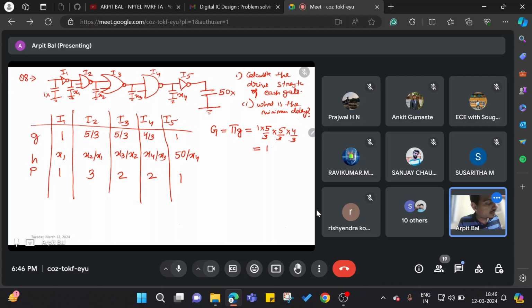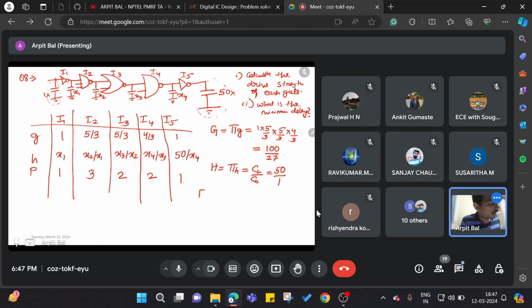This is 100 by 27. This is CL by C naught, that is 50x, this one, by C naught, that is 1.